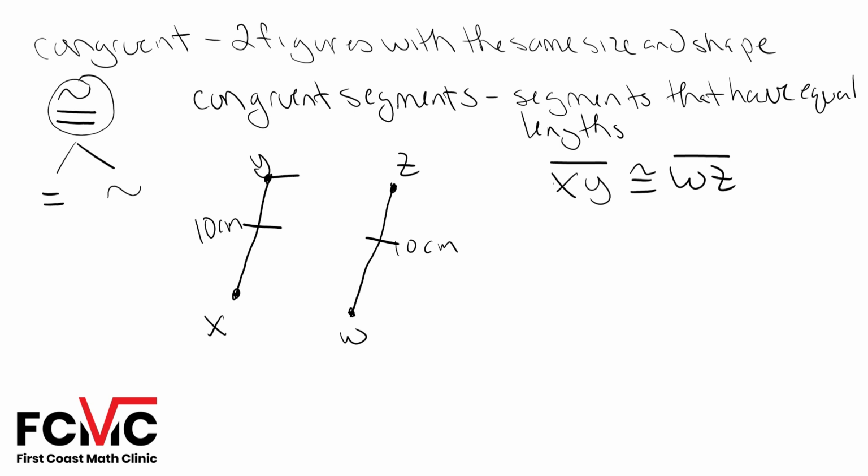Now let's connect Y to Z and X to W. Let's say that these are 8 centimeters and 8 centimeters. So now we have another pair of congruent segments, but these segments are not congruent to the original XY and WZ.